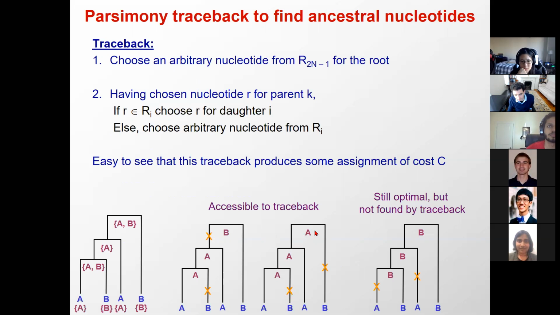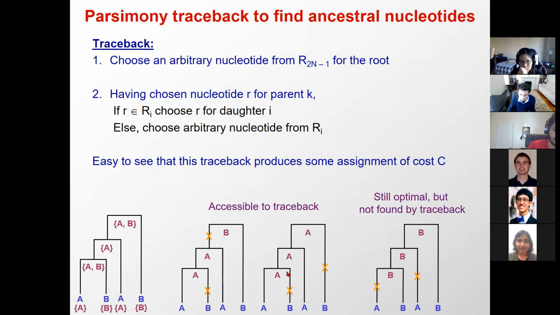But that basically does not capture this particular solution, which is still optimal, but never found by this traceback. Because of the way that parsimony works in this union intersection, it basically makes a greedy choice.